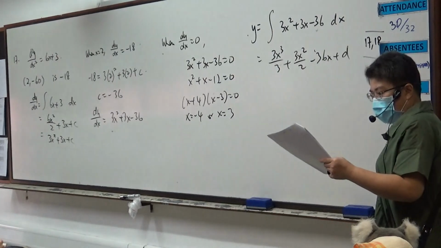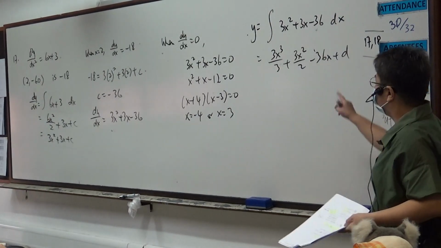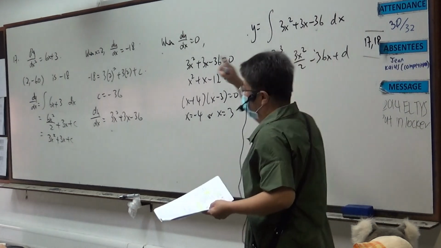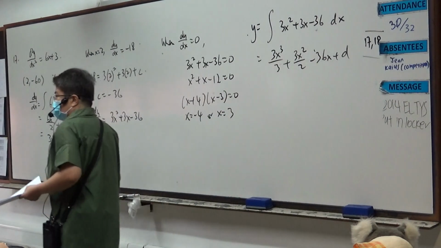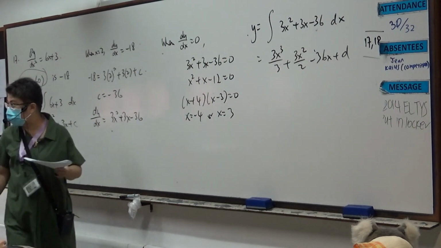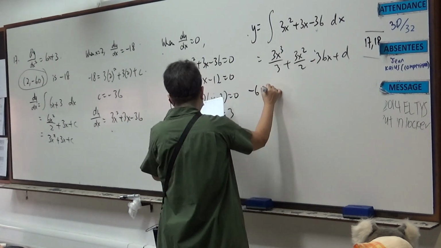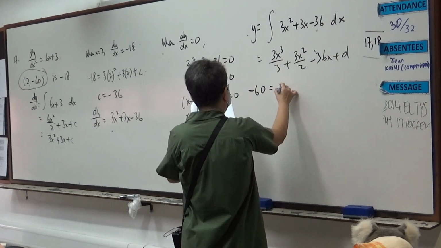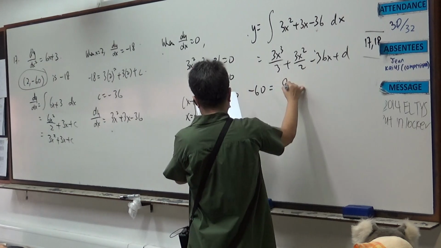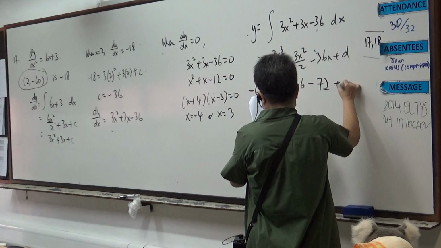Am I right? Yes or no? Then I want to ask a question. How would I find d? Sub in what? 2 and negative 60, right? Just now that method, correct? So I will have negative 60 equals 8 plus 6 minus 72 plus d.